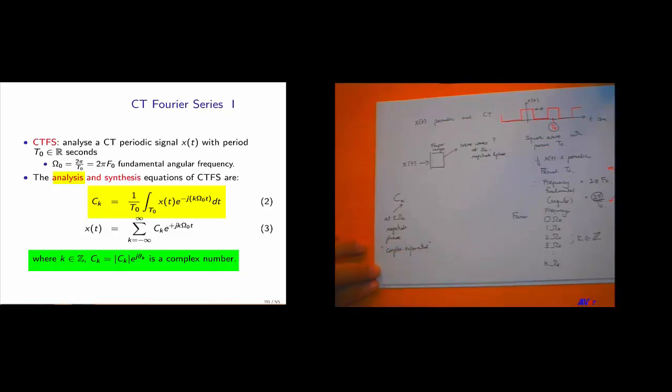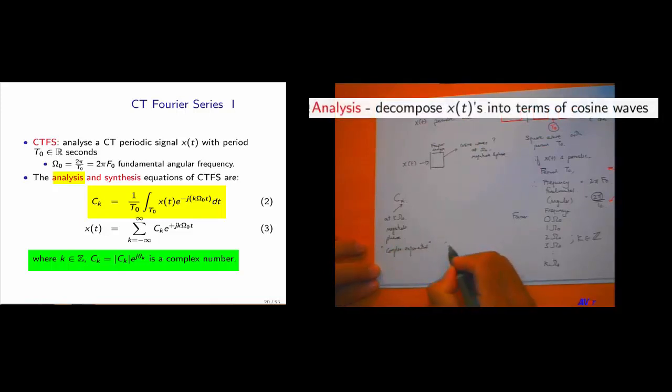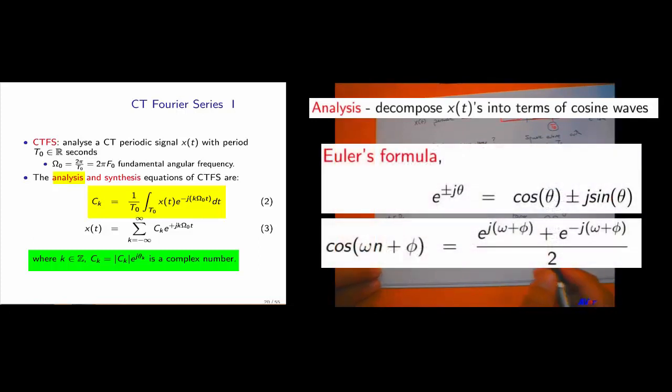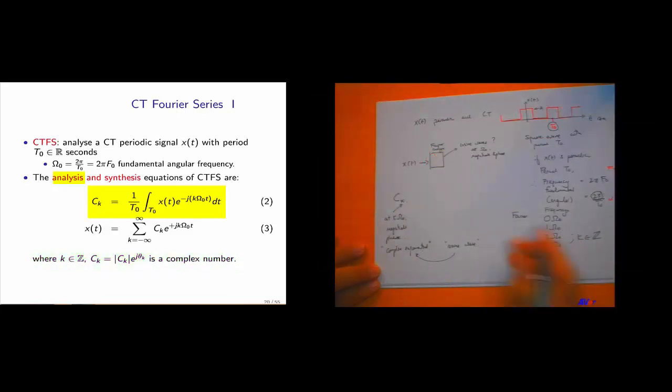I have previously told you that we use cosine waves to reconstruct the signal, and now I'm telling you that we are using complex exponential waves. In a later lecture, you will see that cosine waves can be represented as complex exponentials, and complex exponentials are in fact a more basic signal than the cosine wave.